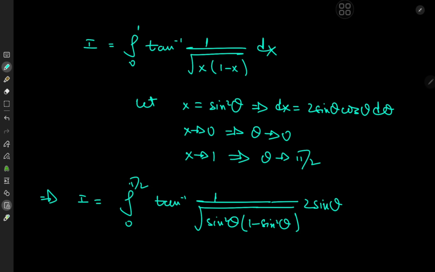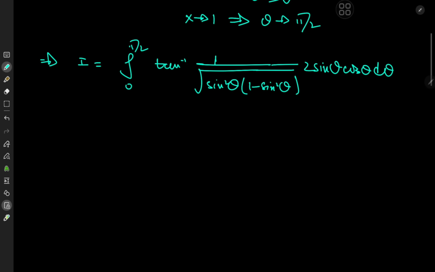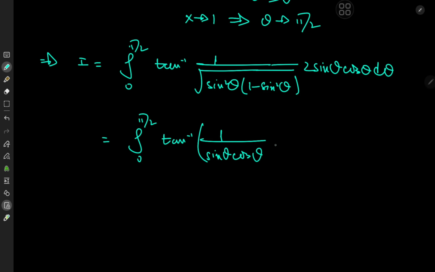Now, 1 minus sine squared is cosine squared, so that means we have the integral from 0 to pi over 2 of arctangent of 1 over sine theta times cosine theta. And outside we have this 2 sine theta cosine theta term being multiplied, which is interesting.